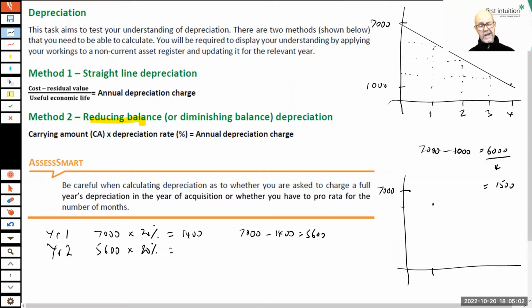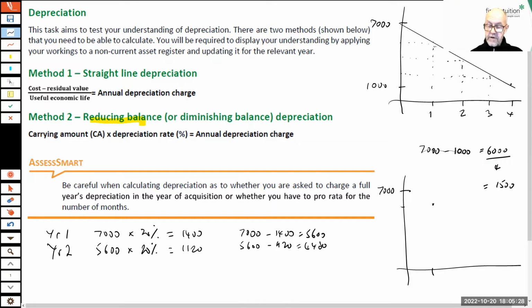So it's going to go down 1,120. I should do it in my head, but it's late. At the end of that year, the value goes down again to 4,480.